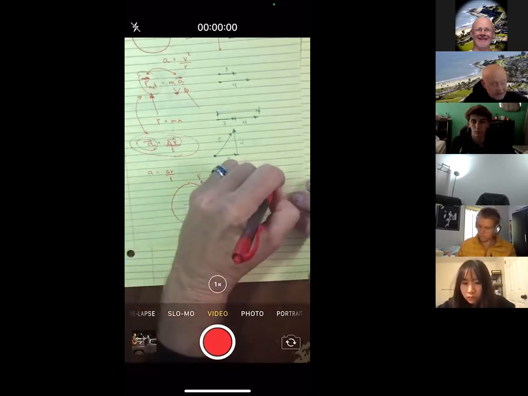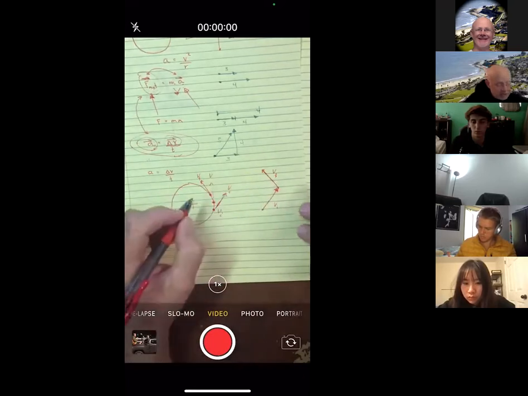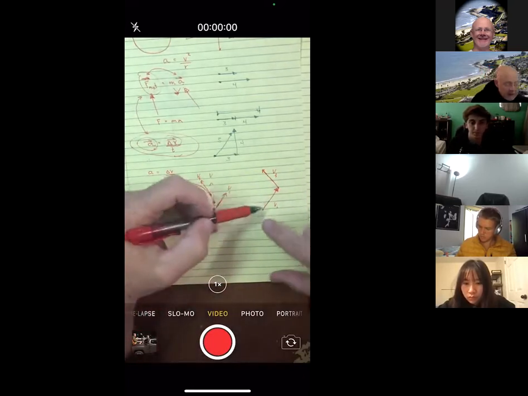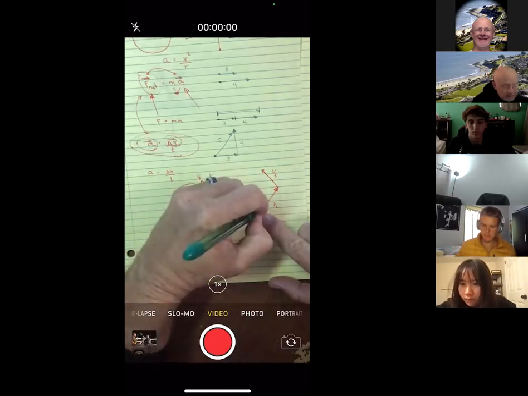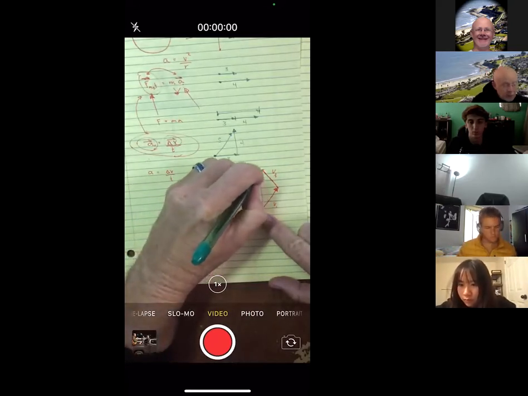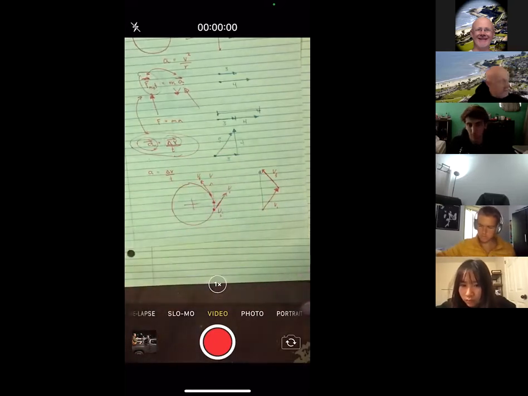So if this is the final and this is the initial, this part right here, I'll do in green, would be the sum of the two.